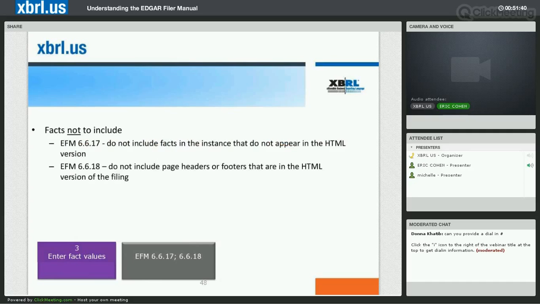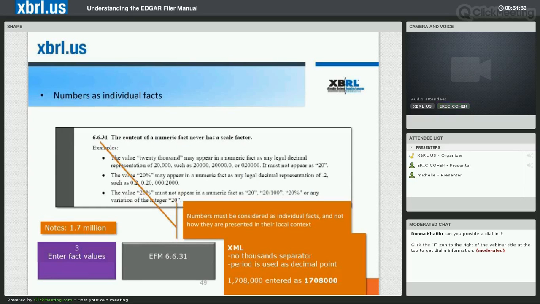The EFM also provides guidance on what not to include in instance documents. Include page numbers, don't include stuff that's not in the HTML. So everything that's there, but nothing that's not. When you put in your numbers, if there are words like 20,000, that's a number. Put it in as 20,000. If it is 20 expressed in thousands, enter it in as 20,000.